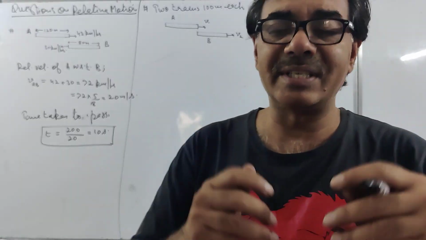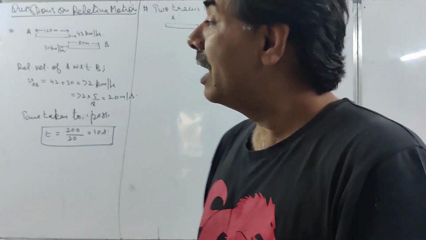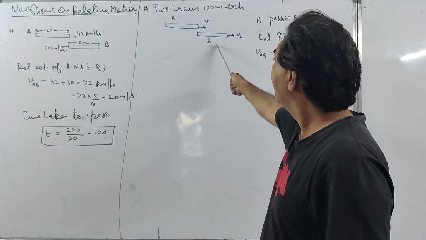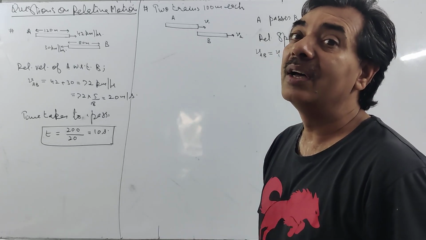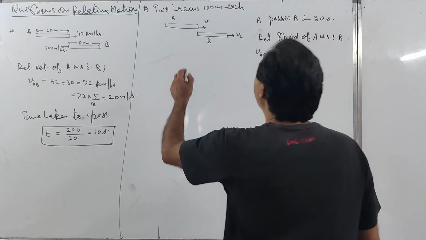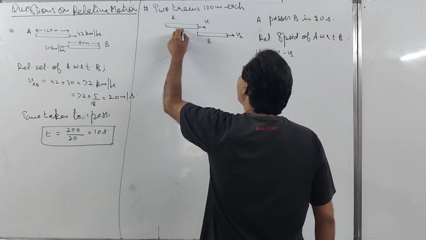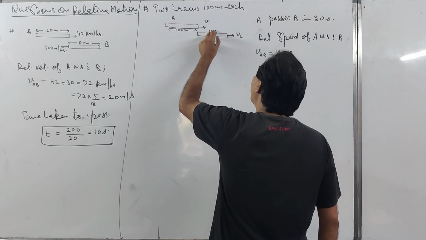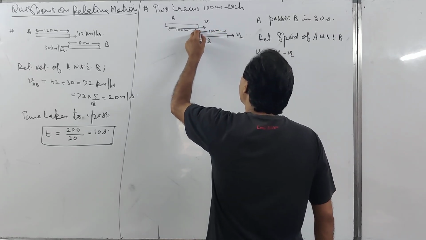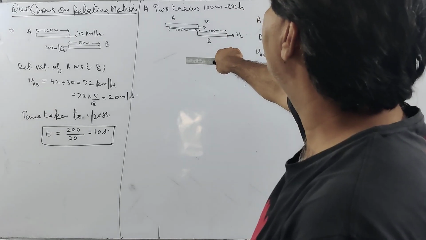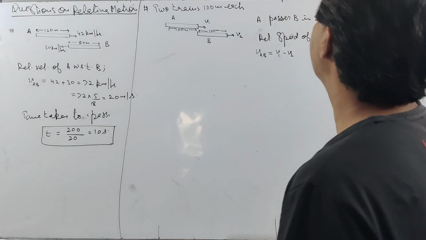What is the meaning of this? It appears as if B is at rest and A is moving at the rate of V1 minus V2. So the total distance to be travelled by any point is how much? 200 meters. I have assumed B to be at rest and A to be moving with the speed of V1 minus V2.